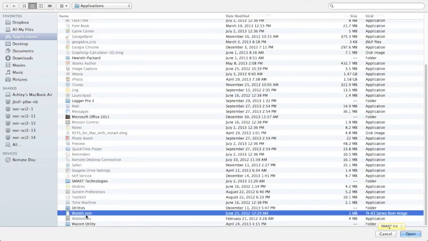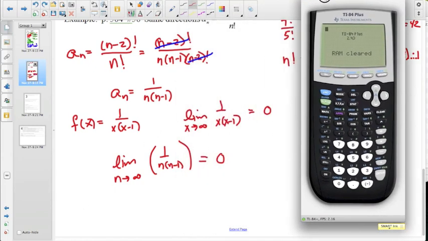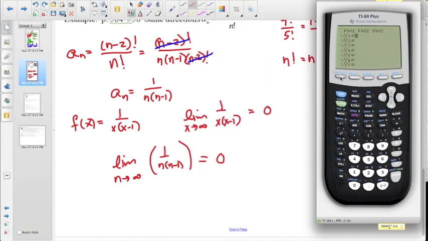so if we would get out the graphing calculator here, there we go, and we look at this as a function. So I'm going to go ahead and put that in y1, 1 divided by the quantity x times the quantity x minus 1. And we look at that graph.